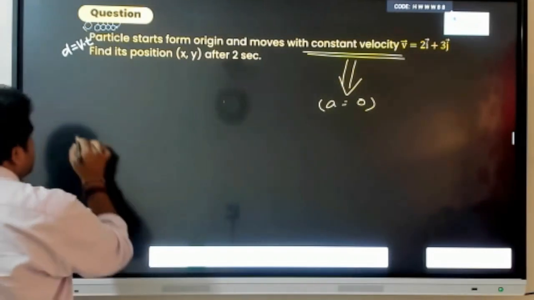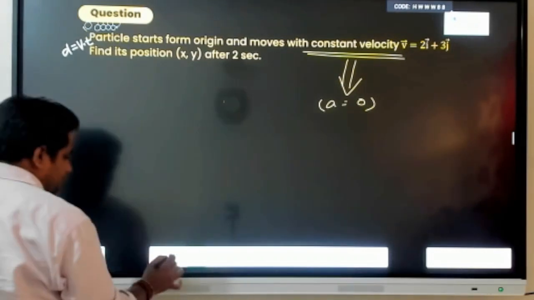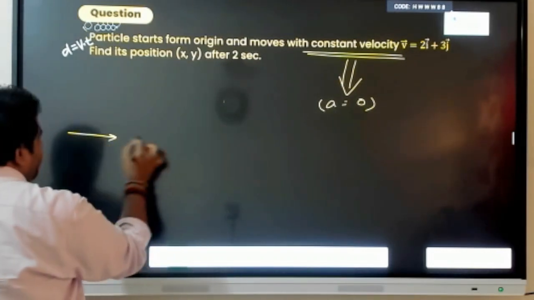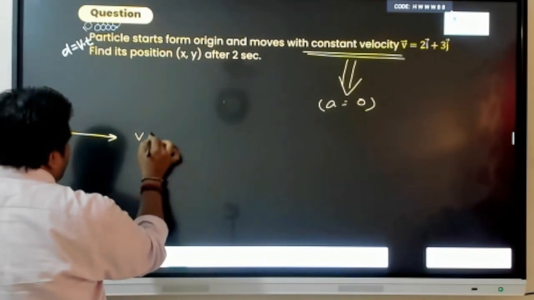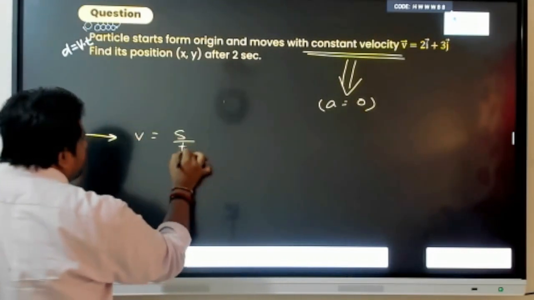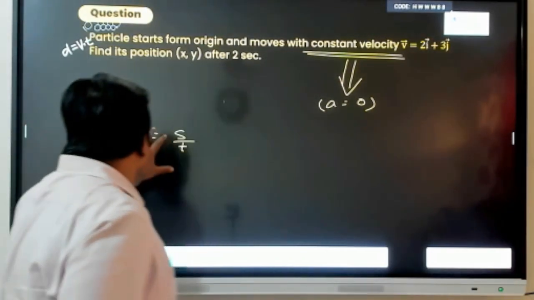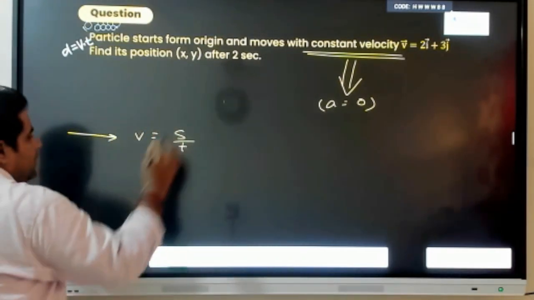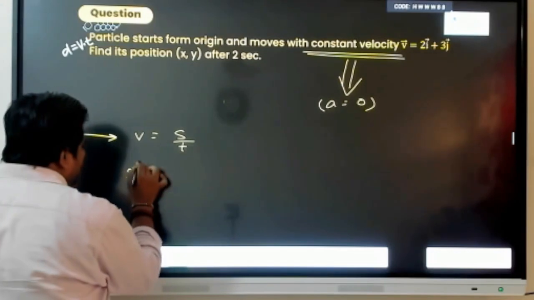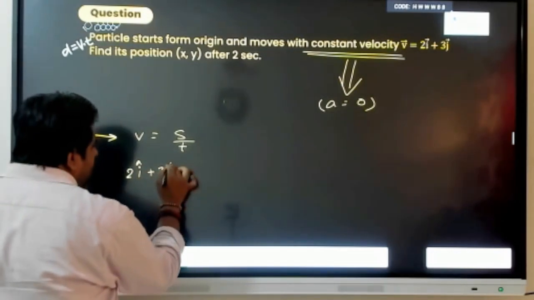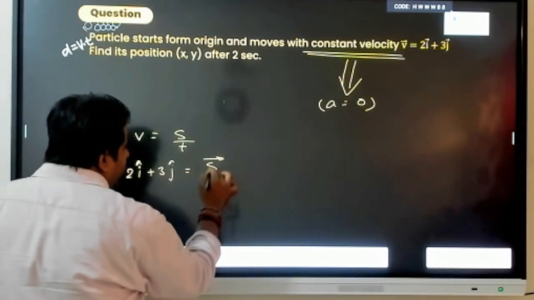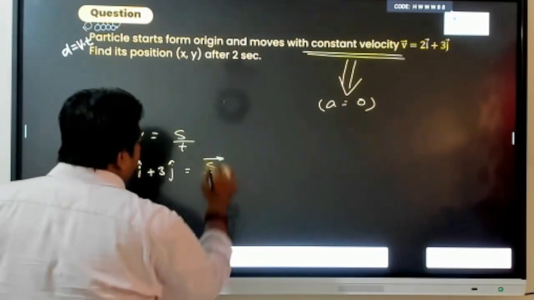That condition is what? Definitely we can say that velocity is equal to displacement by time, and the time has been given as 2 seconds. So you write down the value of velocity here. Velocity is 2i cap plus 3j cap, displacement vector we need to find out, and time is given as 2 seconds.